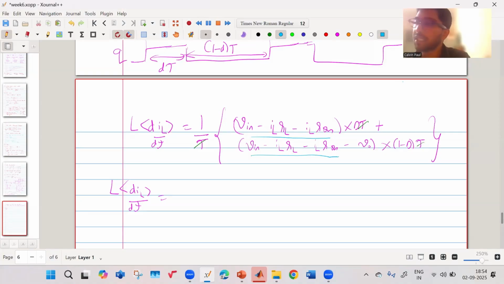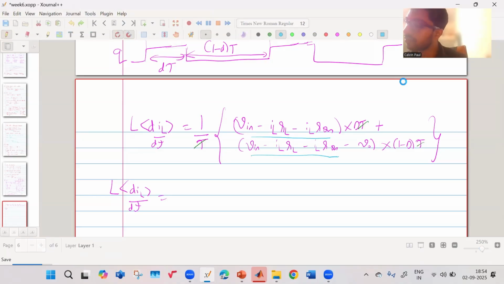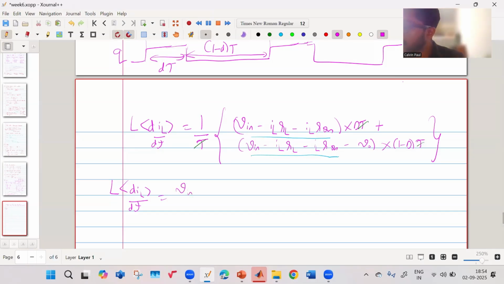So what is d plus 1 minus d? It is 1. That means I get Vin minus IL into RL plus R1, and then minus of 1 minus d into V0. I'm sorry, this should be small d.